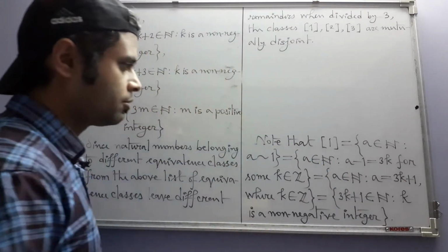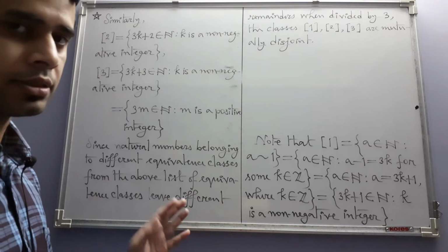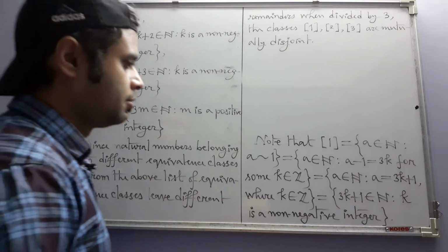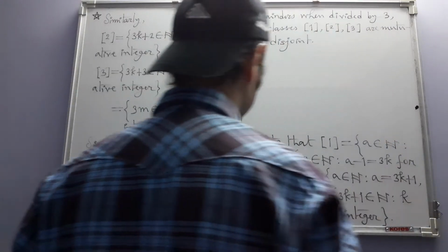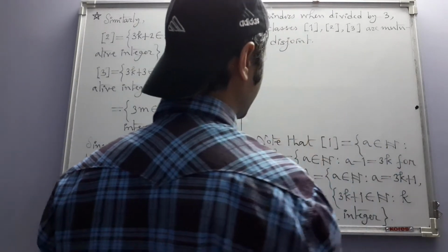Now we need to show that they are all the equivalence classes we can get. There is nothing else. To show that, we argue like this.